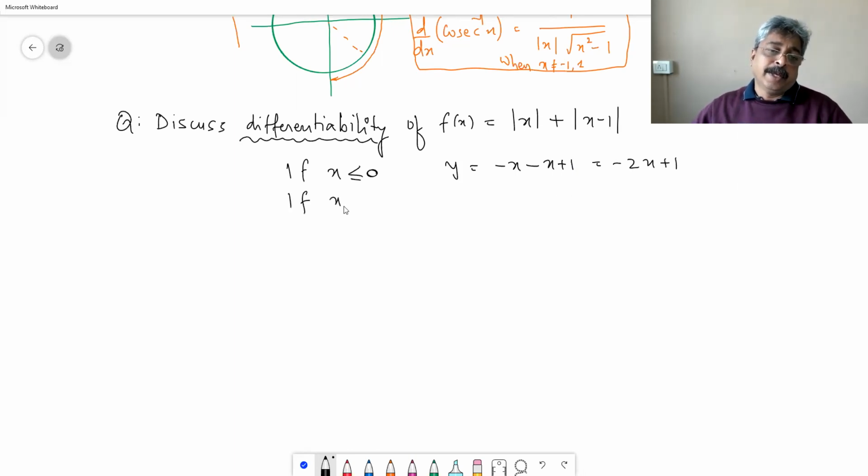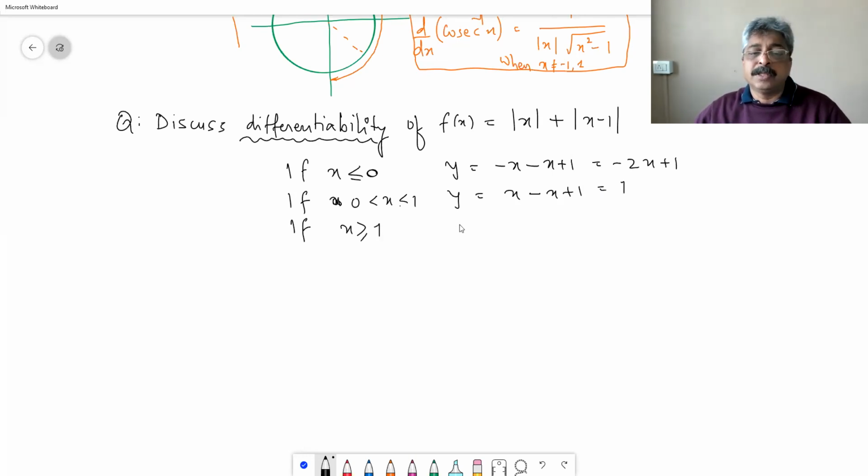If x is between 0 and 1, y is equal to x minus x plus 1 is equal to 1. And if x is greater than or equal to 1, then y is equal to x plus x minus 1 is 2x minus 1.